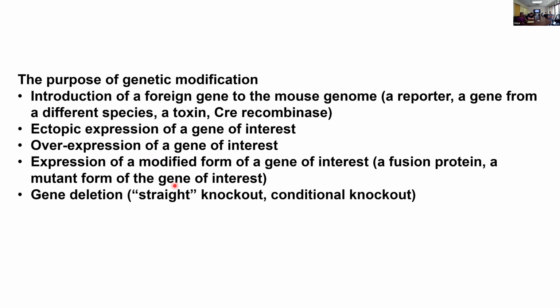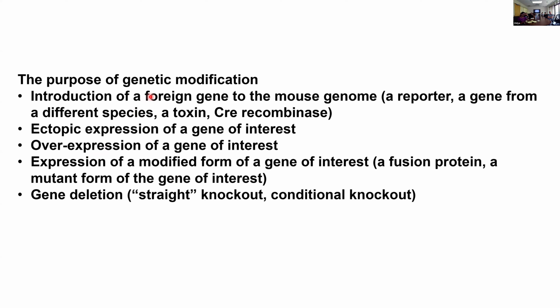So what can we get with genetic modification? First of all, you can introduce a foreign gene to the mouse genome. You may want to express a reporter, and we'll come back in the next slide to what we mean by a reporter. Or you want to express a gene from a different species, for example, to make a humanized mouse, to directly study human diseases.